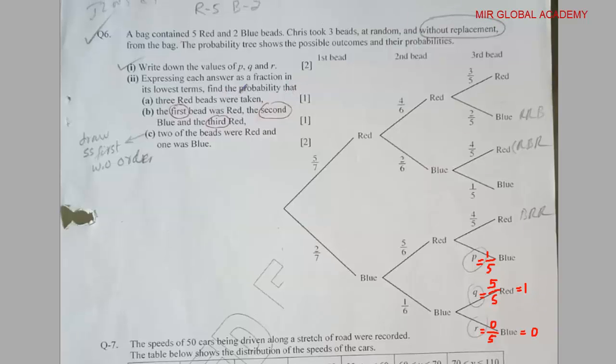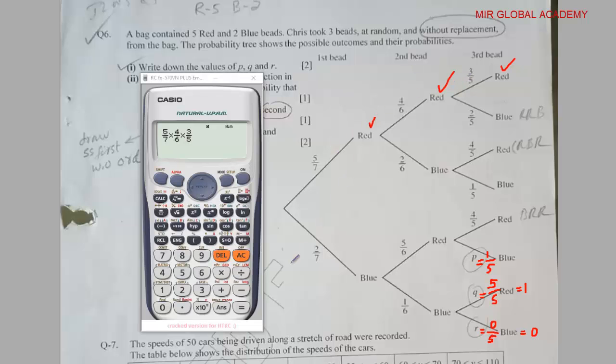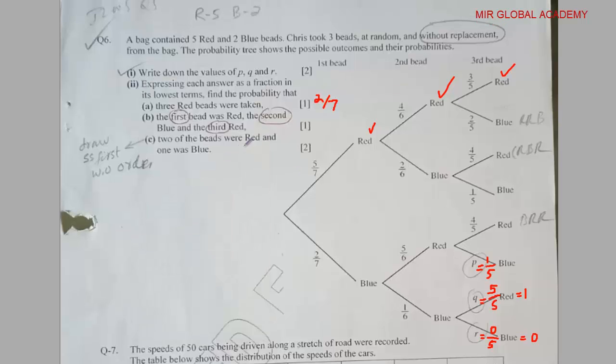Now we have to find the probability that 3 red beads were taken. And there is only one option. 3 red beads were taken, and that is this one. Now multiply these probabilities. 2 over 7. The first bead was red, second was blue and third was red again. So see these numbers, it is first, second, third.